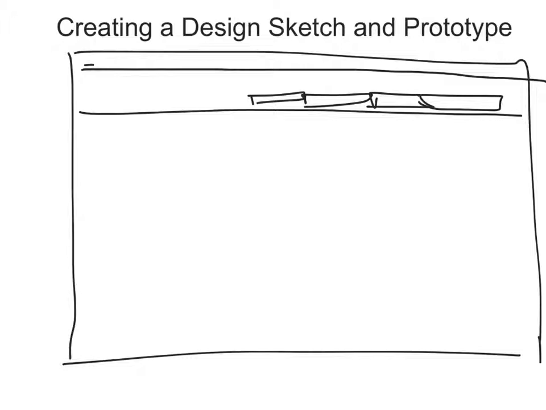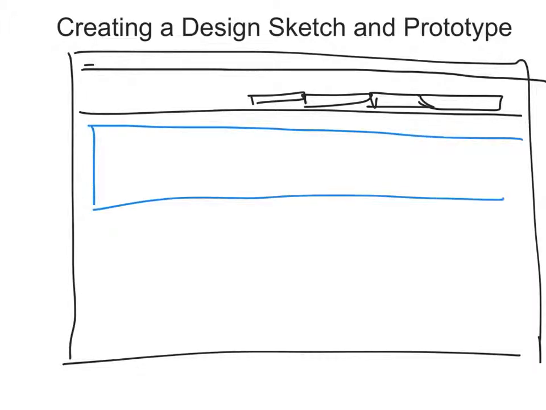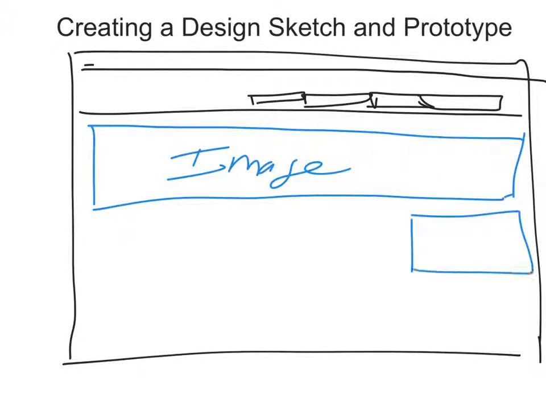Now let's say here my goal is to actually design a home page for my lesson. So for example, I'm going to change color here and just say, alright, I'm going to have a header. I know I want to have some sort of image that's going on here. And so I've marked that out there. I know I'm going to have maybe some quick links available here. I know I'm going to use a news item for updates.